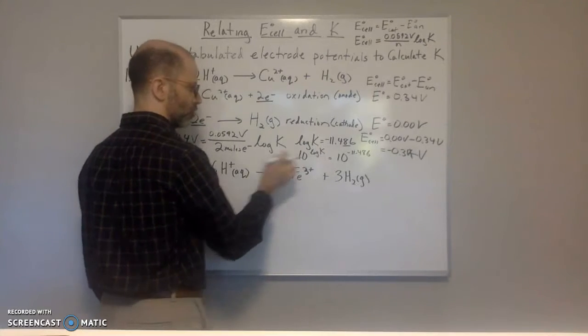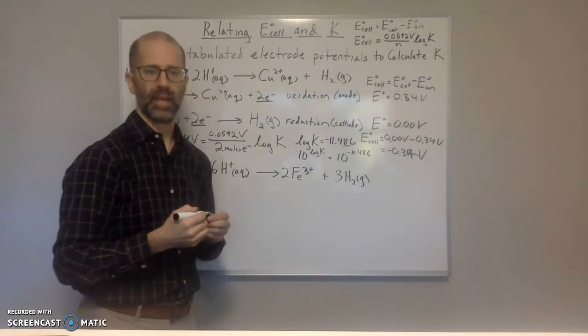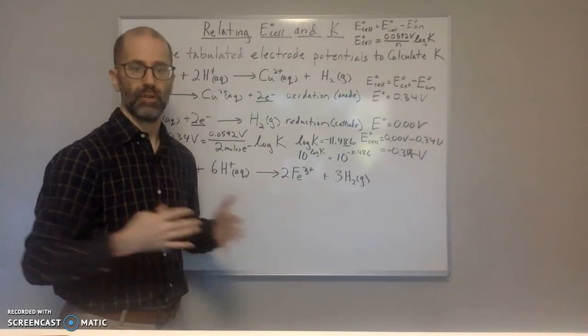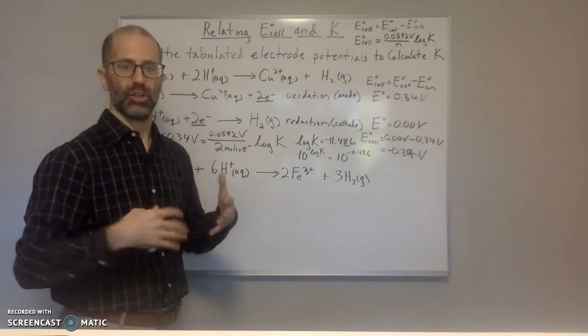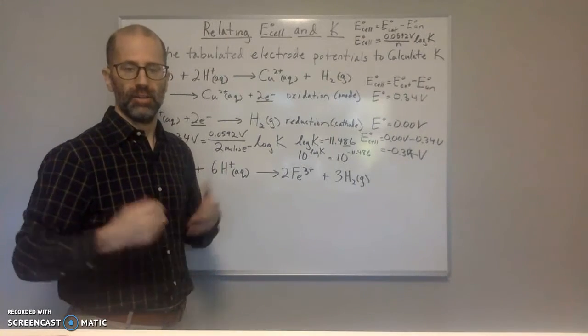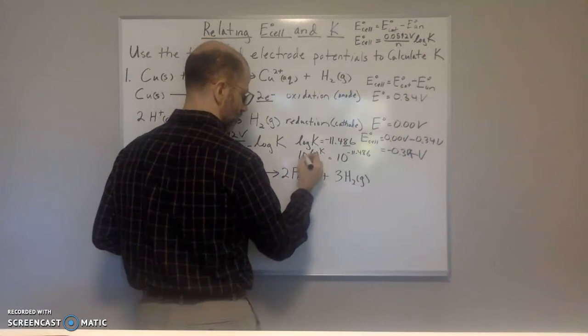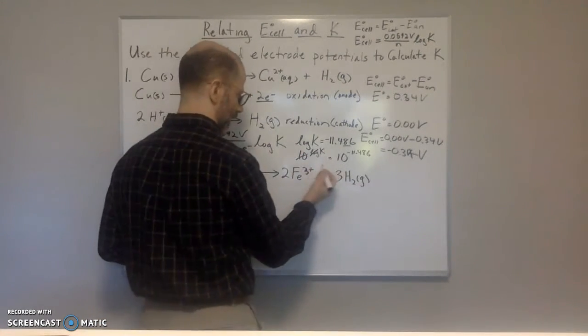Raising a log as a power of base 10 is basically the same thing as taking the square root of a square. They cancel each other out, and you're left with whatever's left over. So here, the log and the base 10 cancel each other out, and you get K.